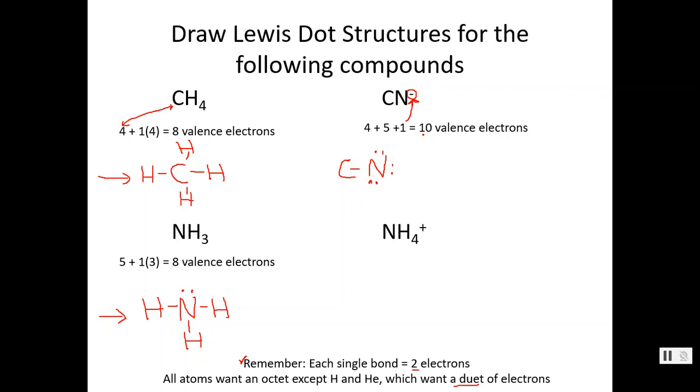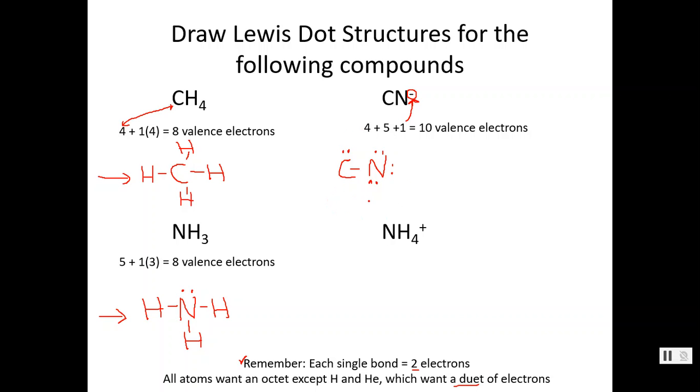But I need to use 10, so I have 2 more I need to place. Any extra electrons you have after completing the octets on the outer atoms go on the central atom. So that 9th and that 10th electron will go on the carbon atom.